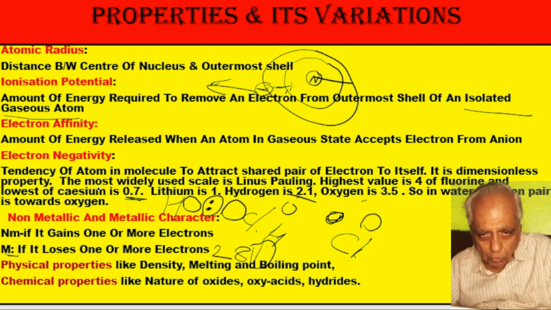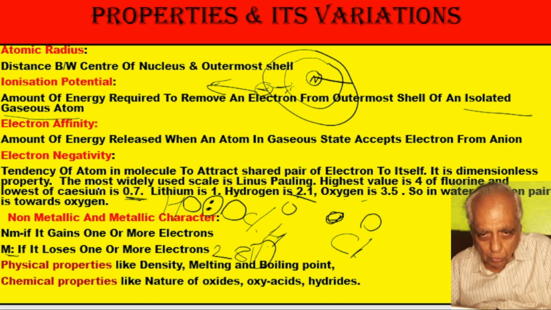Now you will see here, these are highly positive metals, highly reactive metals. So my first group has highly reactive metals, and my last group, the 17th group, if I take fluorine, chlorine, bromine, as I told you yesterday, they are called halogens.